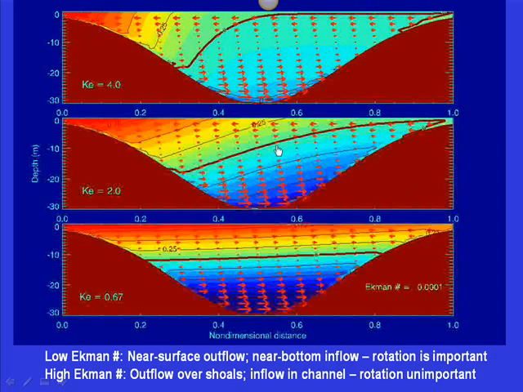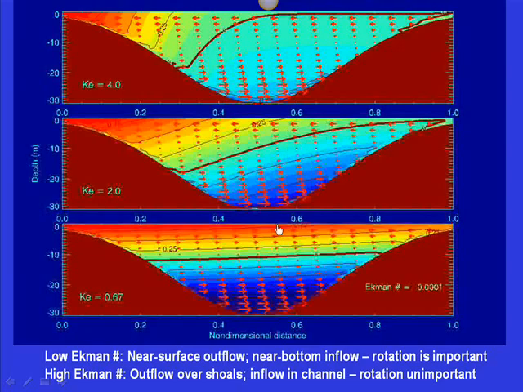In an intermediate width, or intermediate Kelvin number, you'd have something similar, but the outflow almost occupies the entire surface layer. And in a very narrow system, you have outflow at surface and inflow at depth. But still, the lateral flows are linked to the longitudinal flows through rotation.